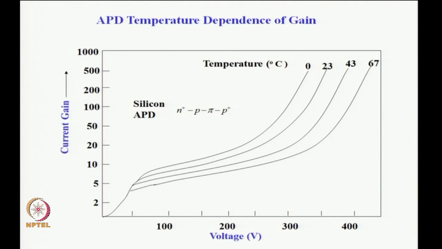Okay. So, let me show the current gain characteristics for a typical silicon reach through APD, N p pi p plus.